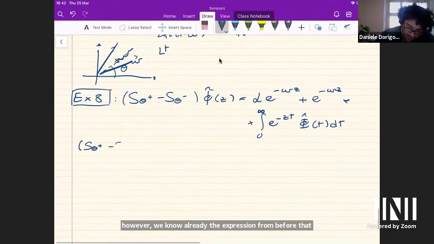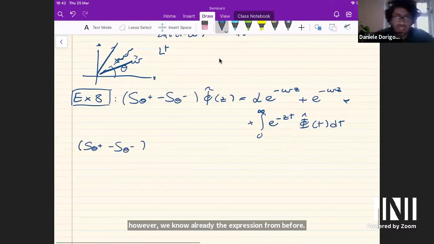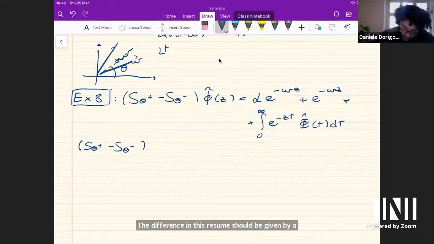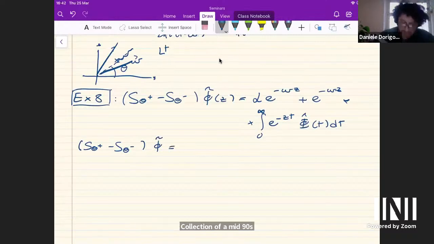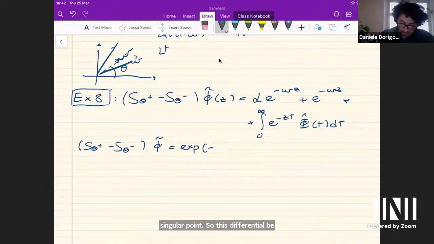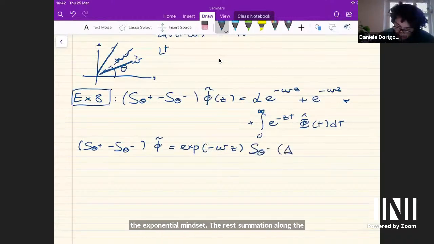The difference in these resummations should be given by a collection of alien derivatives. But in this case, we only have a single singular point. So this difference should be equal to the exponential minus z, the resummation along the minus direction of the alien derivative of this function.